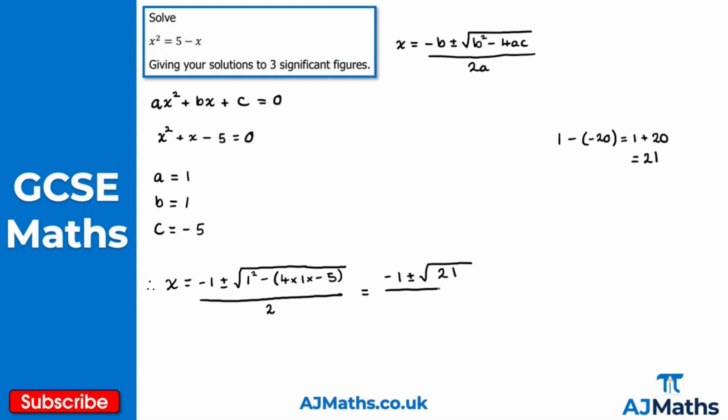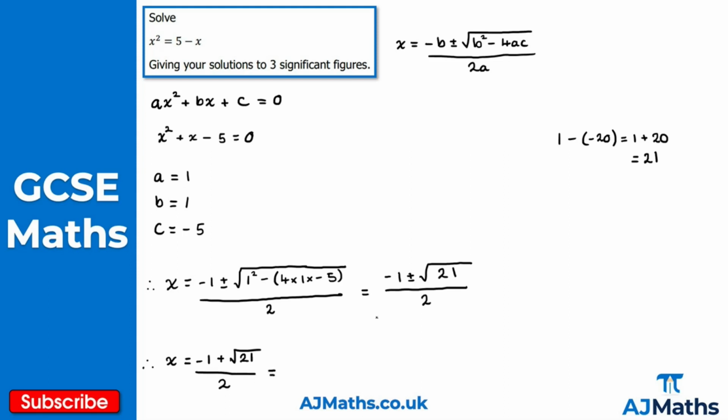And this is all divided by 2. So we've done all the hard work now. All we need to do is put this into our calculator. Remember, we get two solutions, so x is equal to the positive part first: minus 1 plus the square root of 21, all divided by 2.